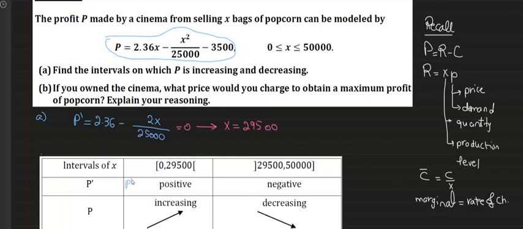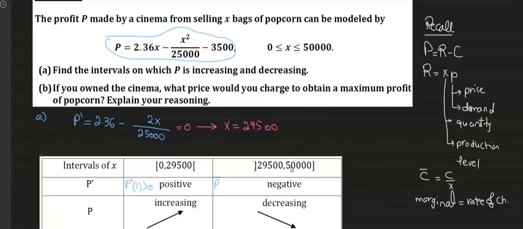So the p dash of 1 turned out to be positive, greater than 0, which indicates that p was increasing. And then pick any point in the interval from 29,500 up till the maximum x that we got. Of course, you might do that mathematically. You might divide the number line from negative infinity to 29,500 and from 29,500 to infinity.